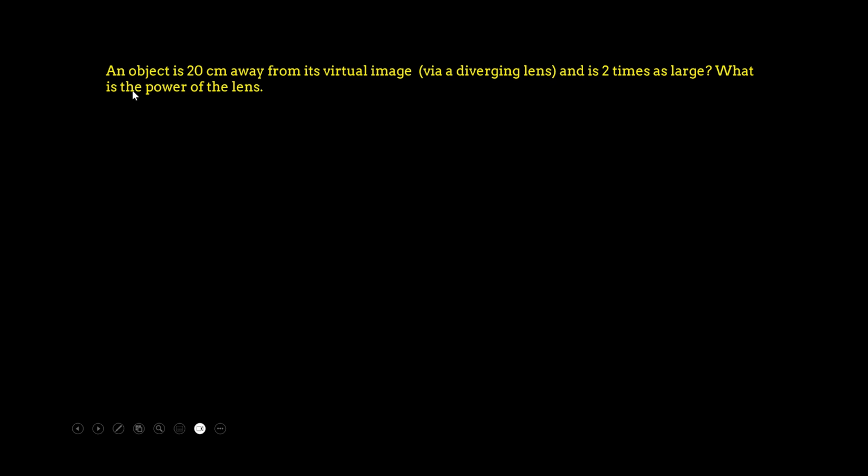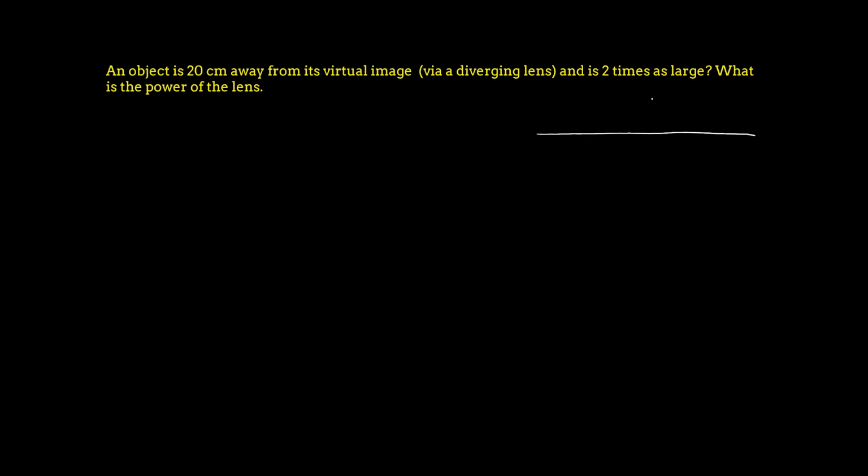All right. An object 20 centimeters away from its virtual image. So again, we have these two separated by 20 centimeters, and the image is 2 times as large. What is the power of the lens? So we need the focal length to get the power. All right. So let's go ahead and see. So we have an image.